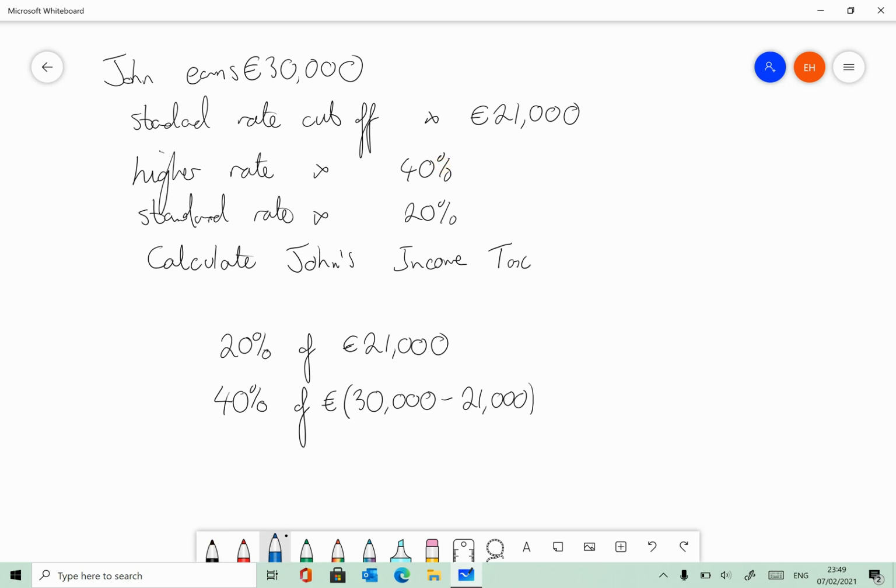So this is the blue piece, this is the higher rate, and this was the red piece, okay? So we'll work both of those out. So 20% multiplied by 21,000 is 4,200, and 40% multiplied by 9,000 is 3,600.